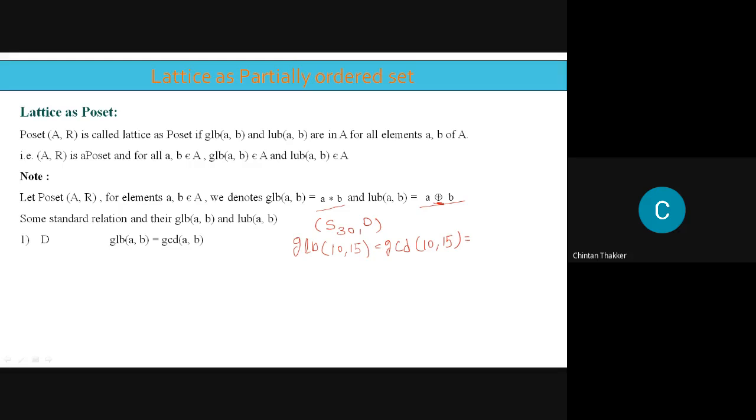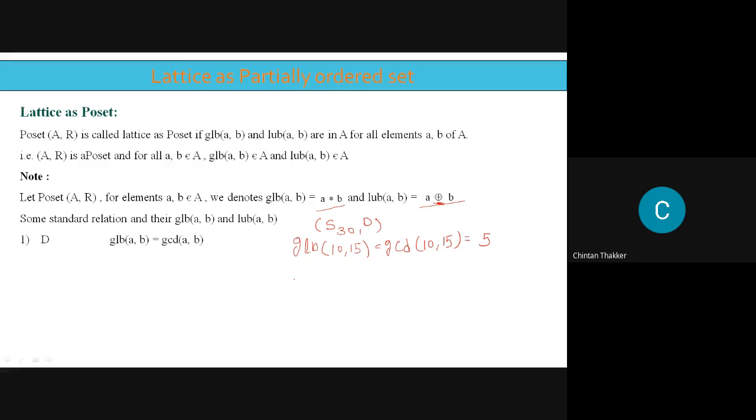You can also write it as highest common factor, HCF. So the GCD is 5. Okay, greatest common divisor. 5 divides 10 and 5 divides 15. So the GCD of 10 and 15 is 5. So here the GLB is 5.